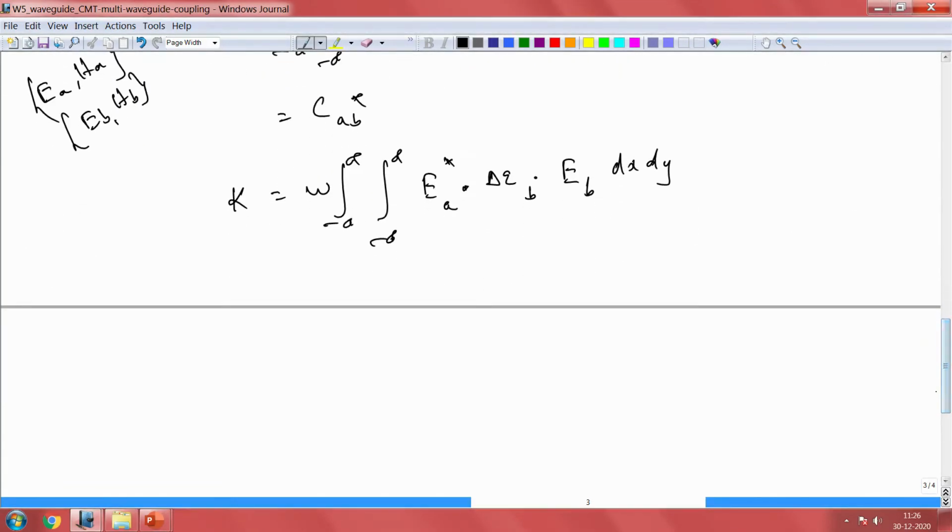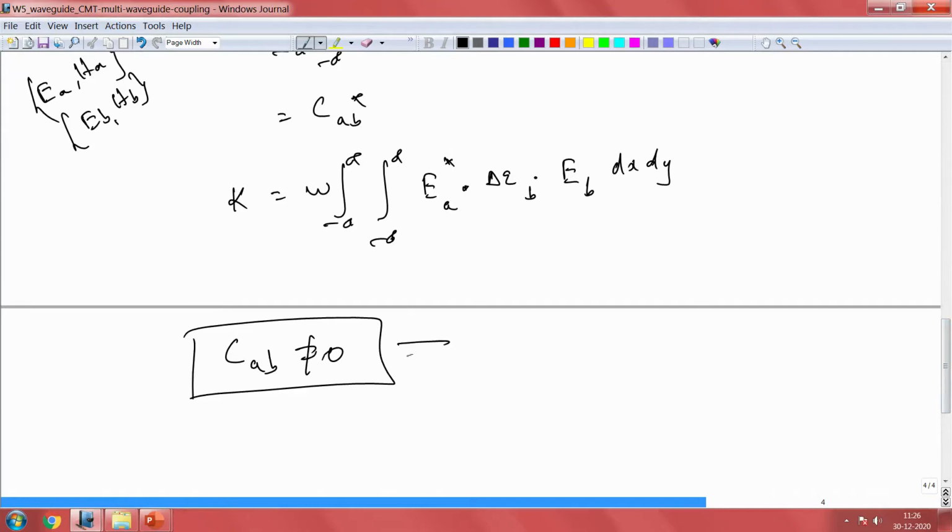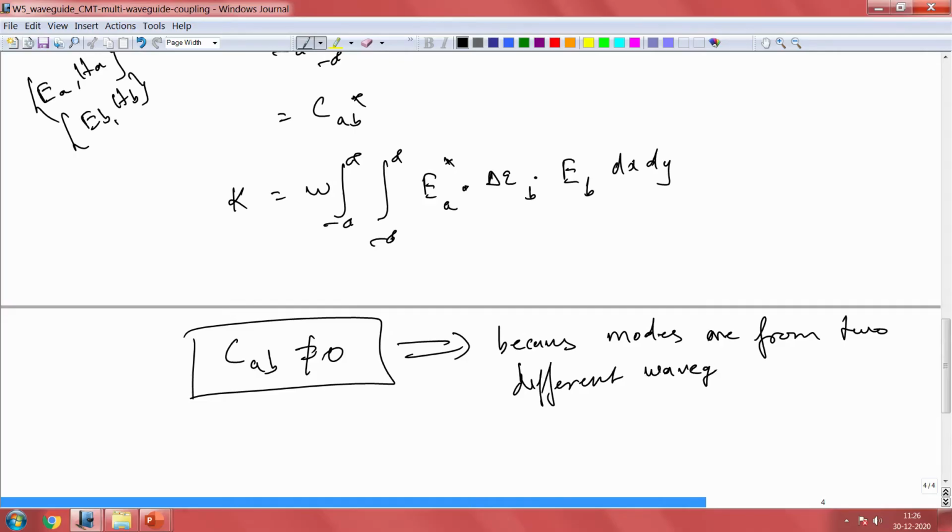An important thing to note here is that your C_AB will not be equal to 0. This is because the modes are from two different waveguides, and the modes are not necessarily orthogonal.